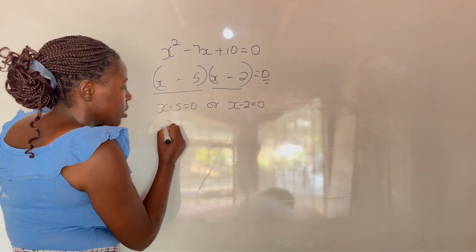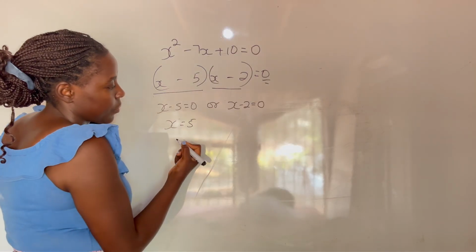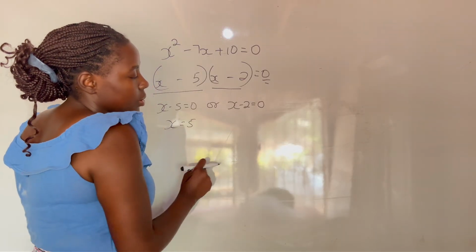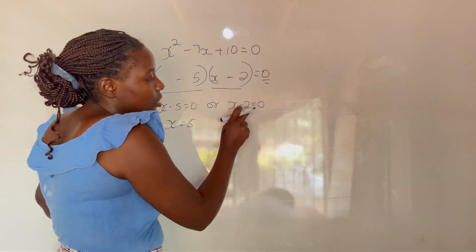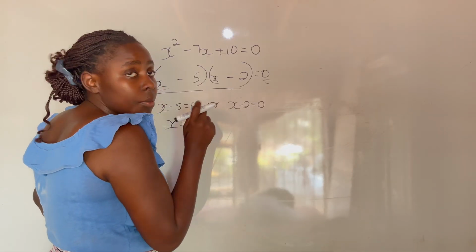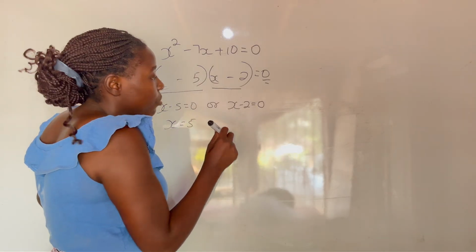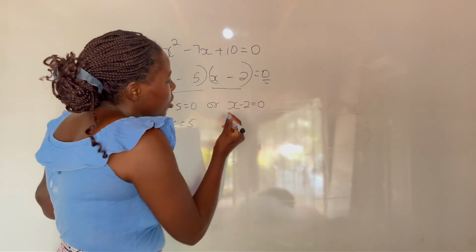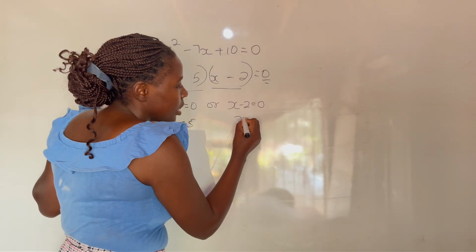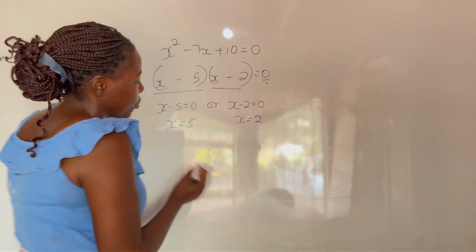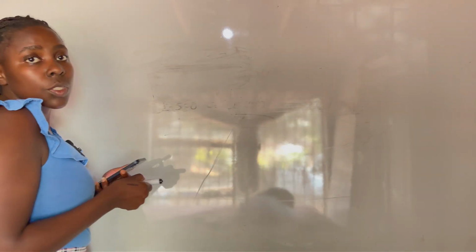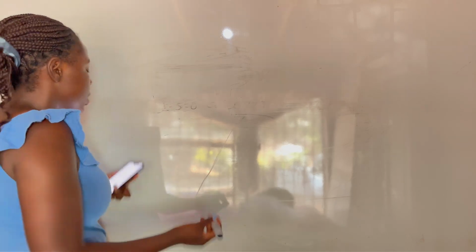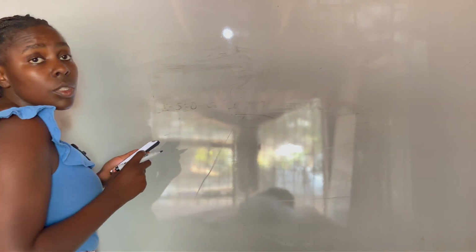So x equals 5. Then for x minus 2, take the negative 2 to the right hand side and change the sign to positive. So x equals 2. Then you are done.